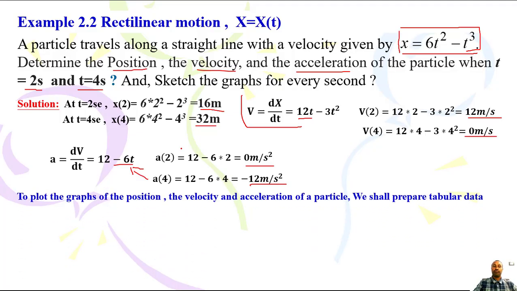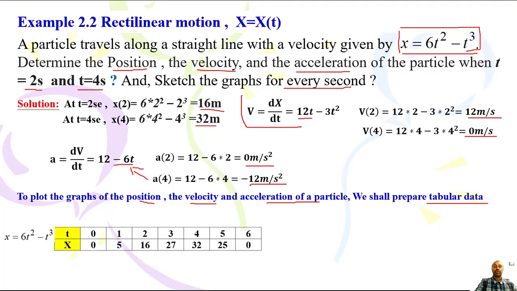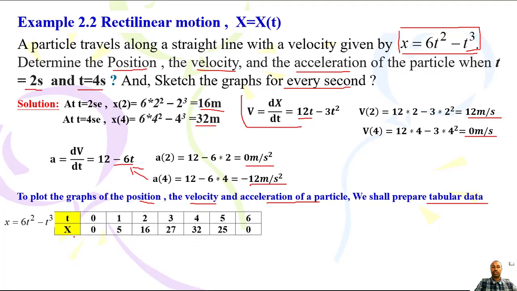And to plot the graphs of the position, the velocity, and the acceleration of a particle, we shall prepare tabular data for every second, which means a 1 second interval. So you have t versus x or distance. You start from 0, then 1, 2, 3, 4, 5, 6. Then you get the values, for example, at t equals 4 seconds, we get 32.